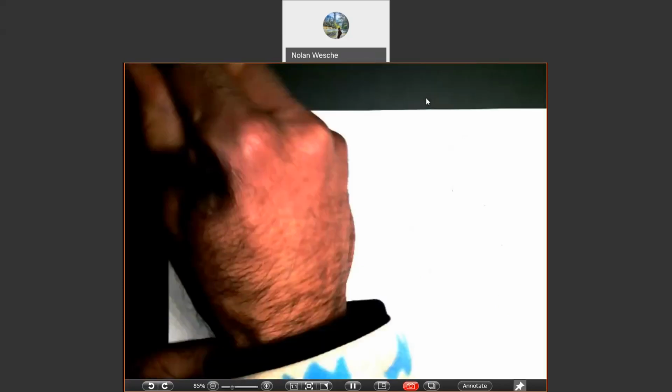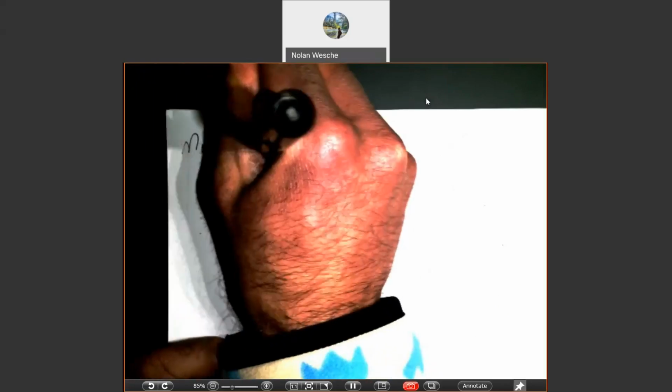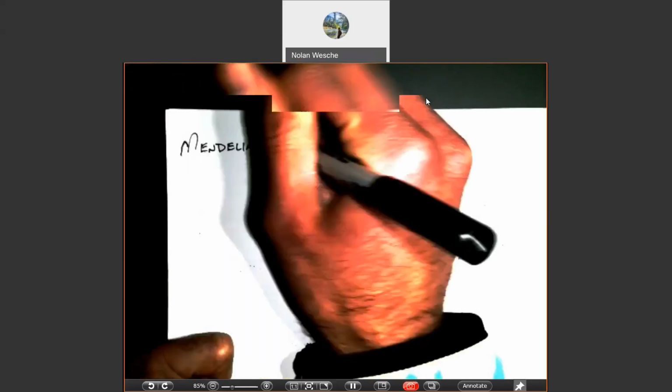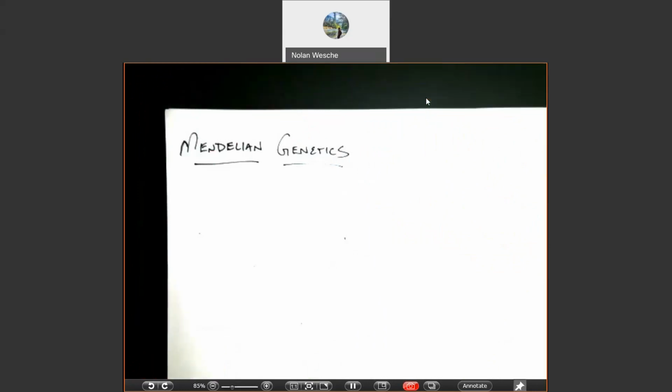So again, we're going to talk about Mendelian genetics. Mendelian genetics is going to be contrasted with non-Mendelian genetics, and non-Mendelian genetics uses ideas and concepts that are more complex.